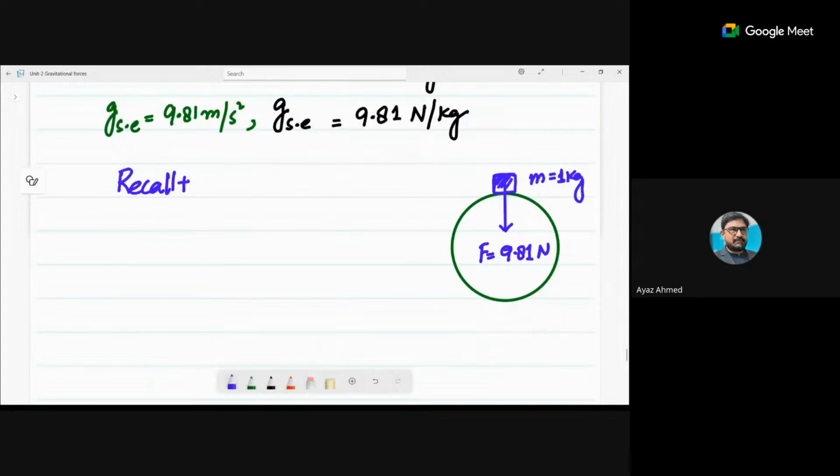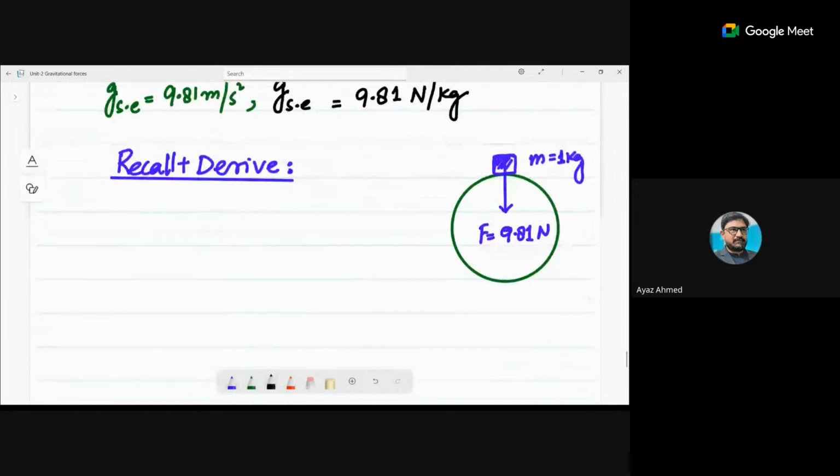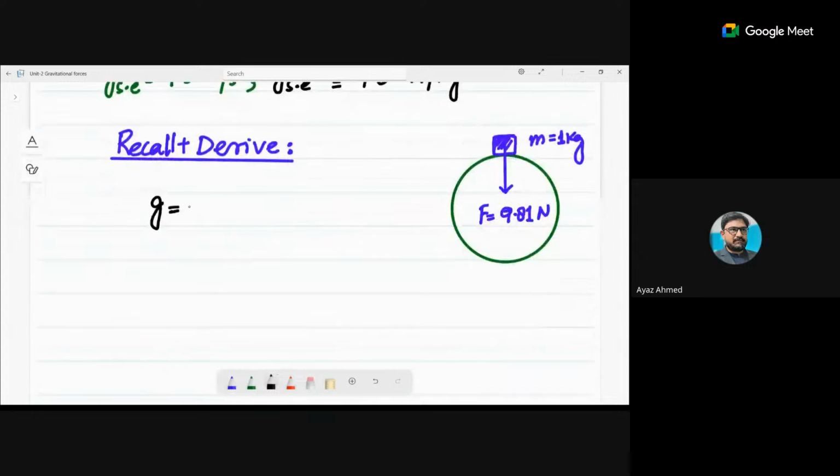The equation you have to recall is g equals minus G M divided by r square. This is the equation you have to use, as well as recall.